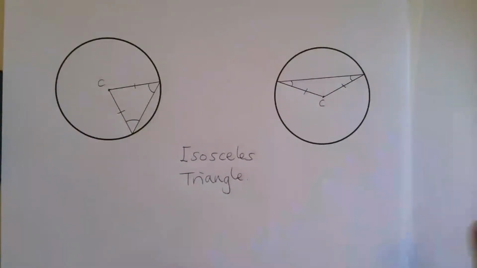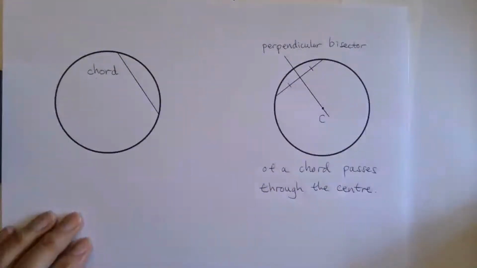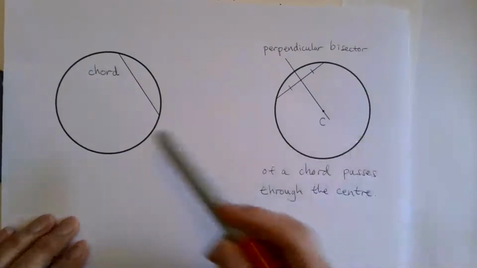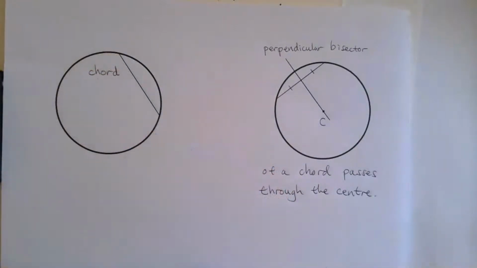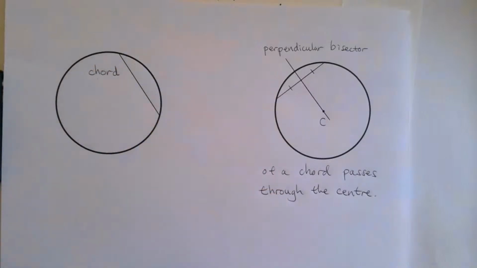Okay, so let's now have a look at another example. Here we have got a circle being cut by a straight line, and that's called a chord. Now, if we cut that line in half with a perpendicular bisector, then that line will pass through the centre of the circle.